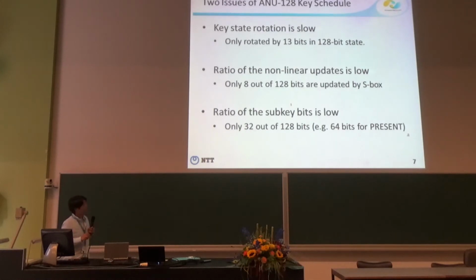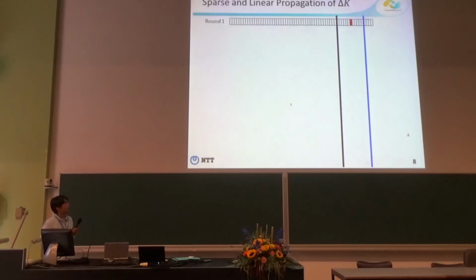Okay, so let's analyze the key schedule function. I tried to draw the 128-bit state, but due to limited space, each cell denotes 2 bits. So here there are 64 cells, and in every round the rightmost 8 bits are updated by the nonlinear function.